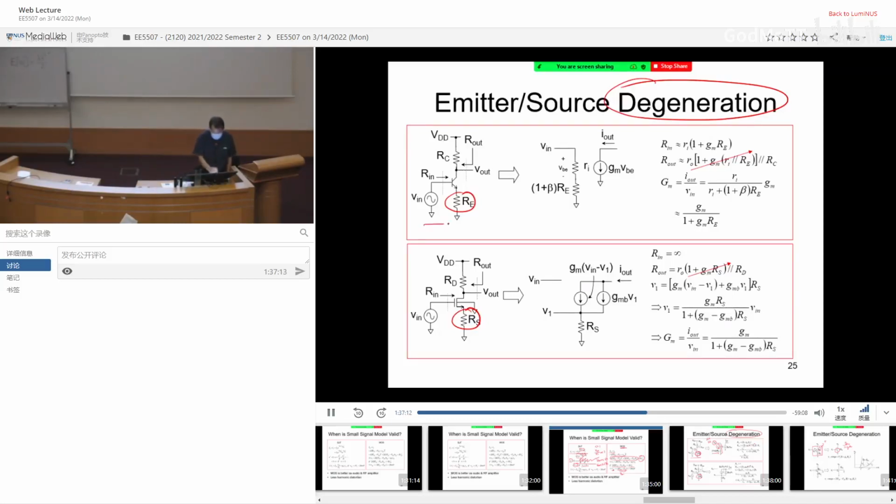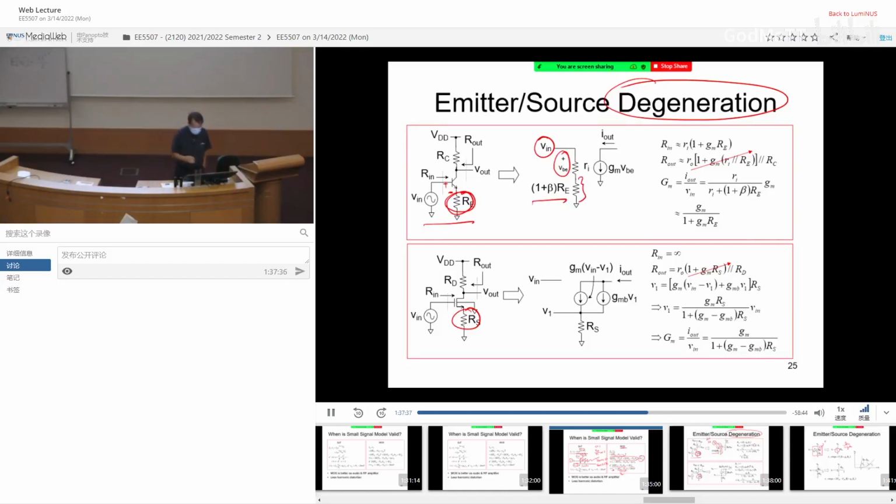Now, from the BJT perspective, that can be easily understood. By inserting the resistor, your Vin no longer appears purely on the base emitter junction. In fact, only a small portion appears at the base emitter junction. A large proportion is appearing across the resistor, RE.